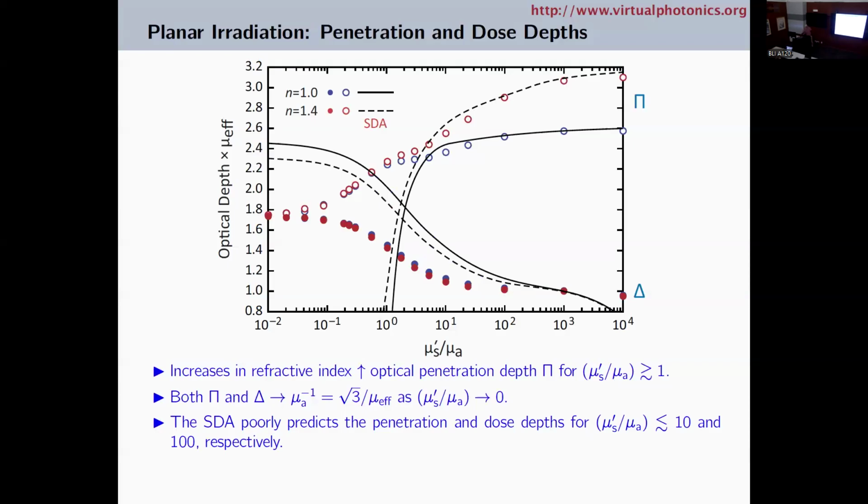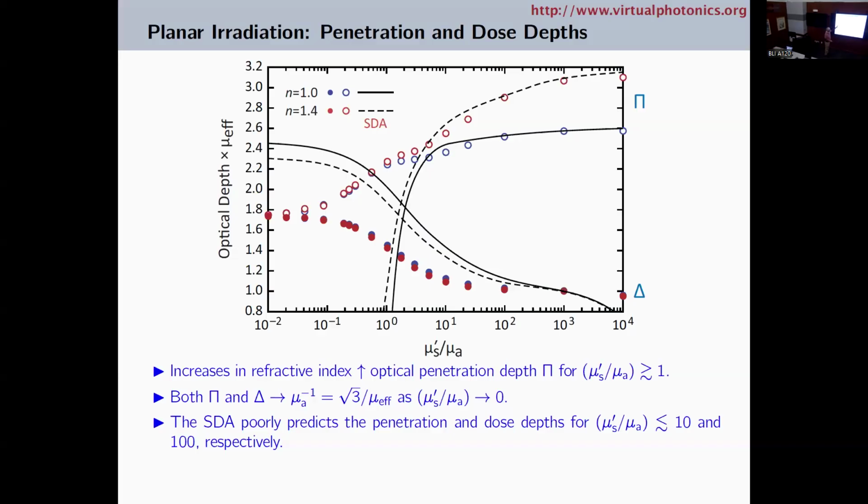Okay, standard diffusion approximation has some problems. You can see with the dose depth, it really doesn't give you good predictions anywhere, maybe at one point. But it's garbage, essentially. Sorry for my frankness.